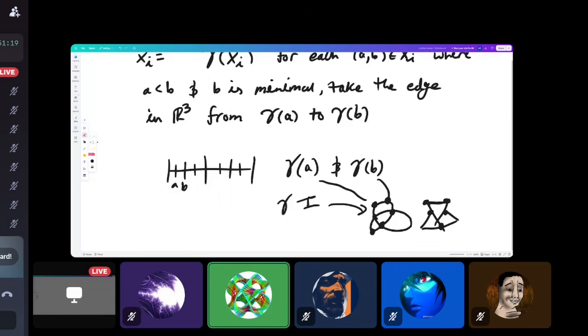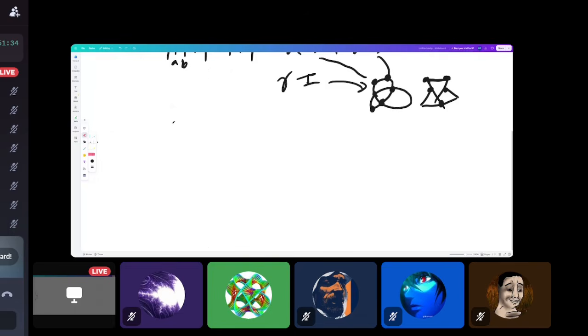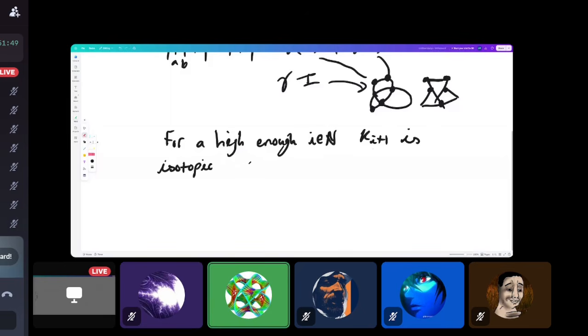Okay, and then we note that for a high enough i in the natural numbers, K(i+1) is isotopic to Ki.